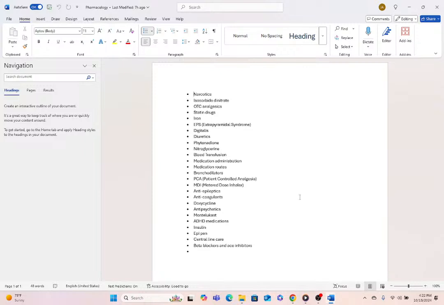So again, when you say airborne, what kind of room? Negative pressure room. When you say neutropenic precaution, positive pressure room. So don't forget this one right here. What type of patient do you put in? Immunocompromised. You're gonna ask that, okay?